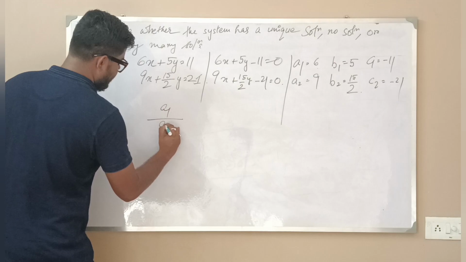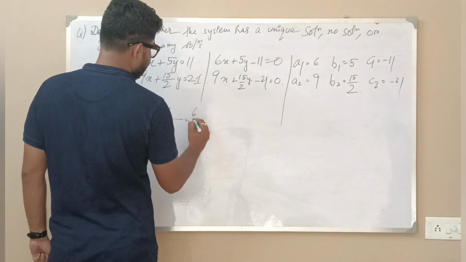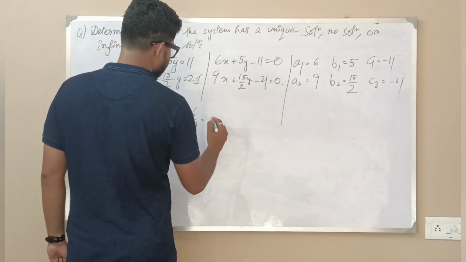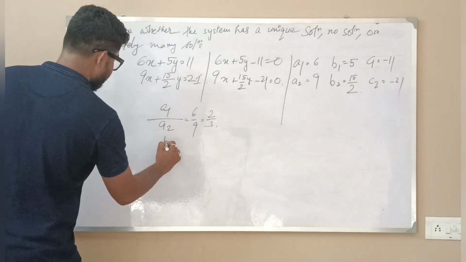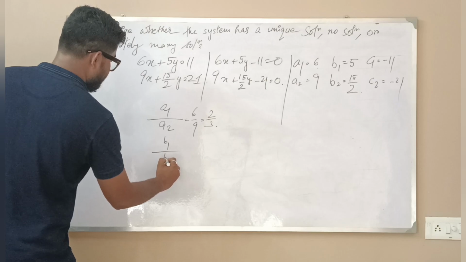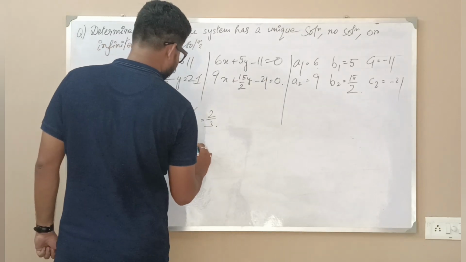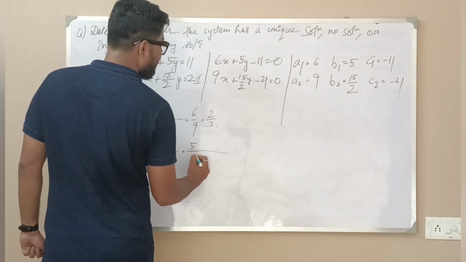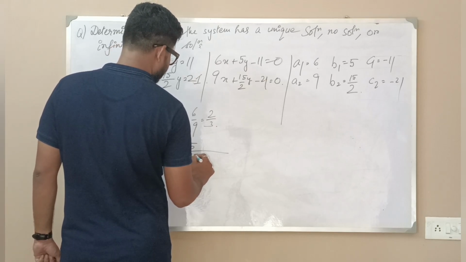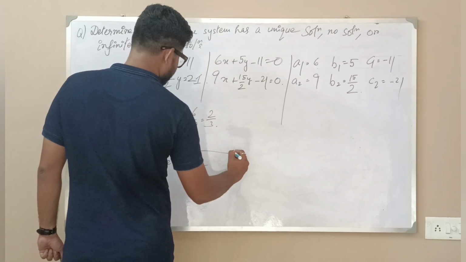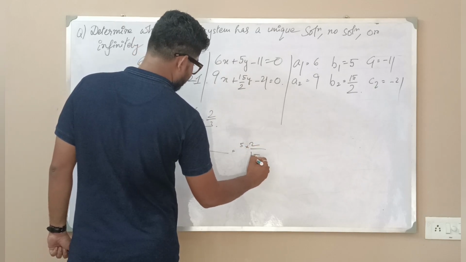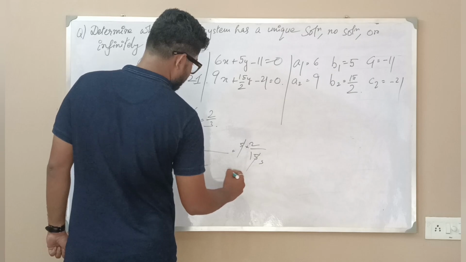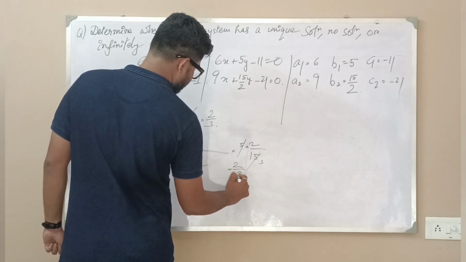Now a1 by a2 will give you 6 by 9, that is 2 by 3. Again b1 by b2 will give you 5 by 15 by 2, that is 5 into 2 by 15, that is 2 by 3.